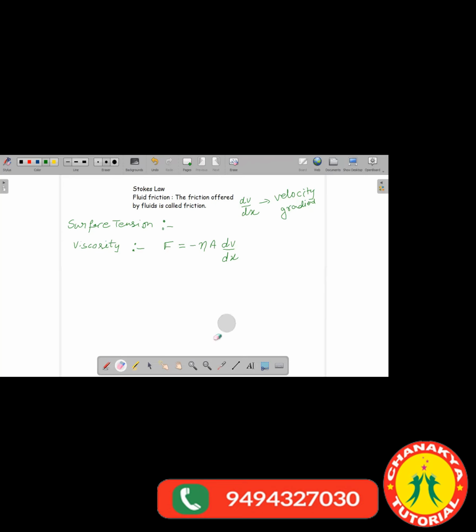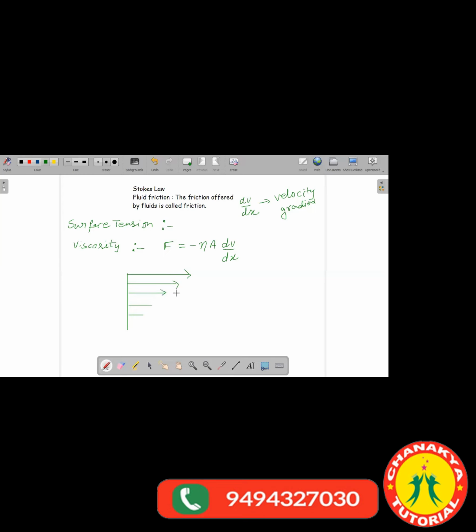For example, if we observe a number of layers, yesterday we did like this. A fluid consists of a number of layers. Here you have a number of layers, and if you observe, the upper layer moves quickly and tries to move the bottom layer, and the bottom layer offers friction.